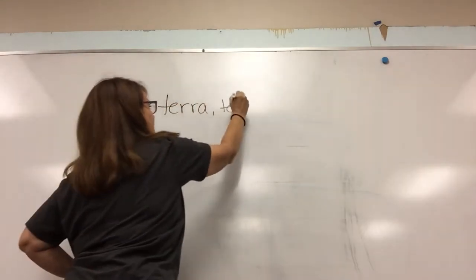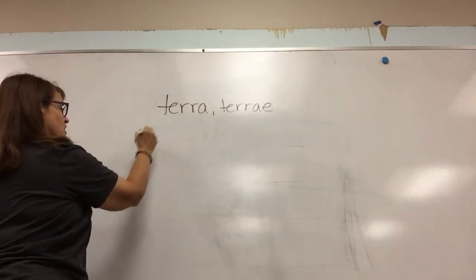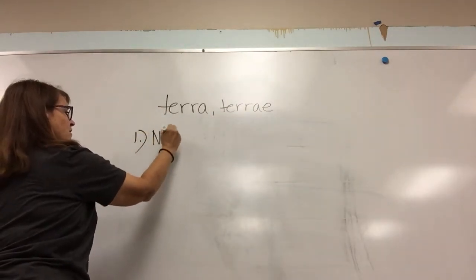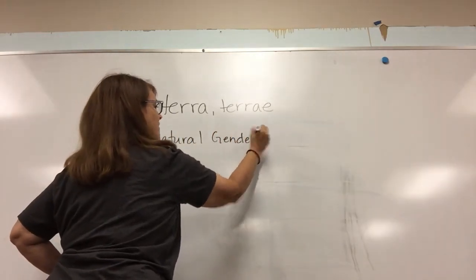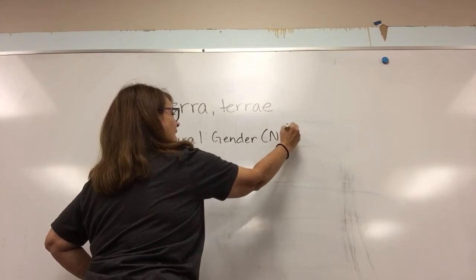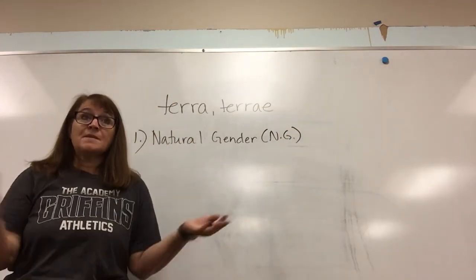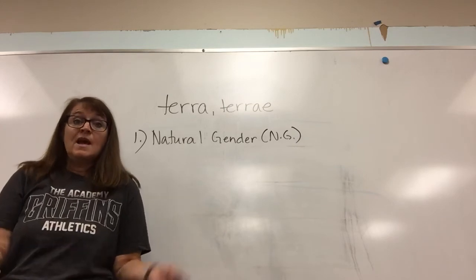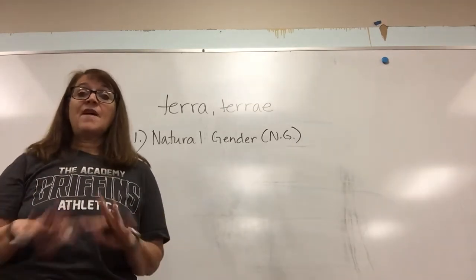Okay, so I'm going to write our model back. Terra, terrae. That's our first declension model. The first gender rule we call natural gender, which we can abbreviate NG. That is the rule I told you. If a noun names a masculine being, it's going to be masculine. If it names a feminine being, it's going to be feminine, regardless of anything else.